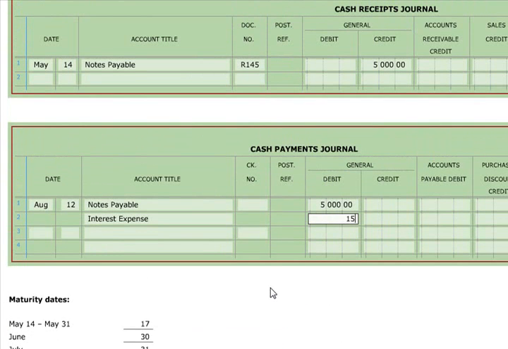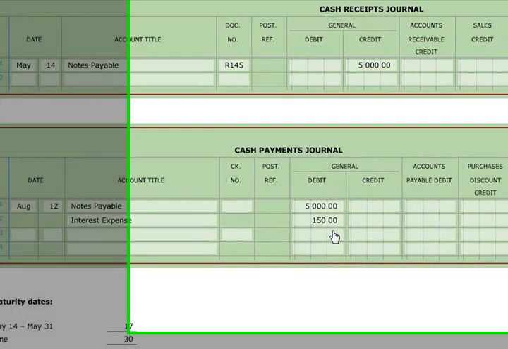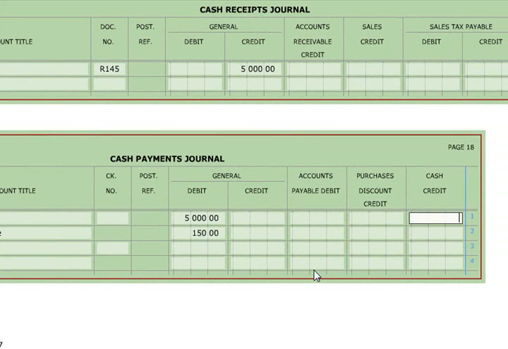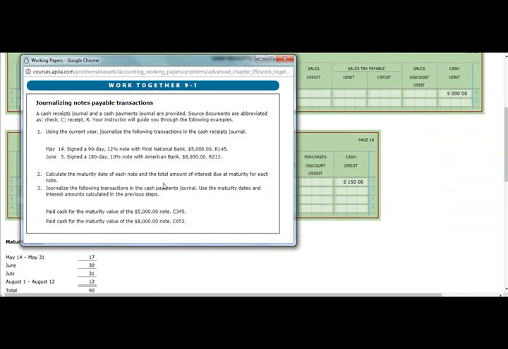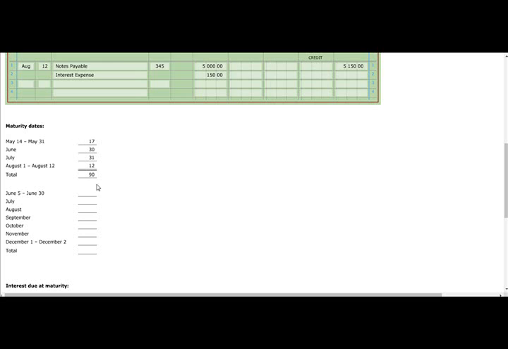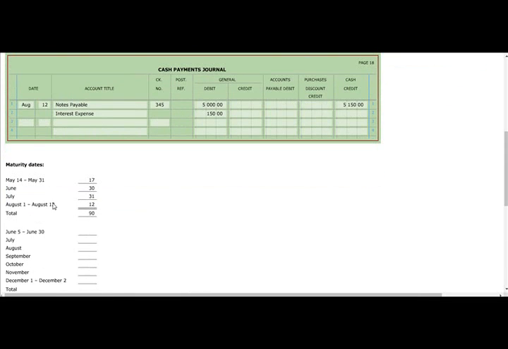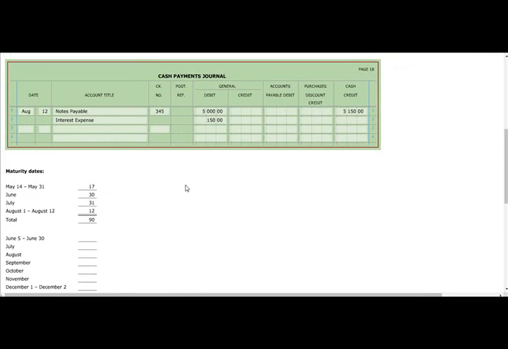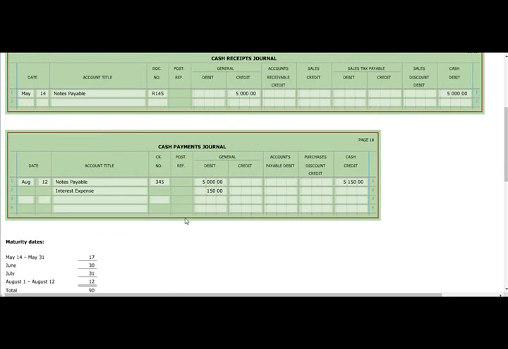We're not going to pay back $5,000. We're going to pay back $5,000 plus interest. So to calculate the cash credit, we'll add these together. $5,150. And the directions say we've written check number 345. So that's how you take the maturity date into your interest due. This date will go here, and you'll add your interest for your cash credit.